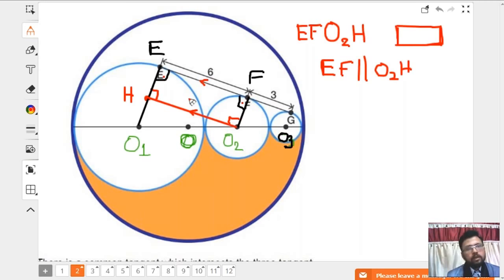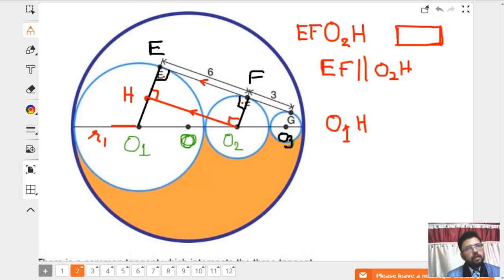Now have a look at this line O1H. Can you tell me what will be the length of O1H? Before coming to that, let's say that this particular circle has radius R1.